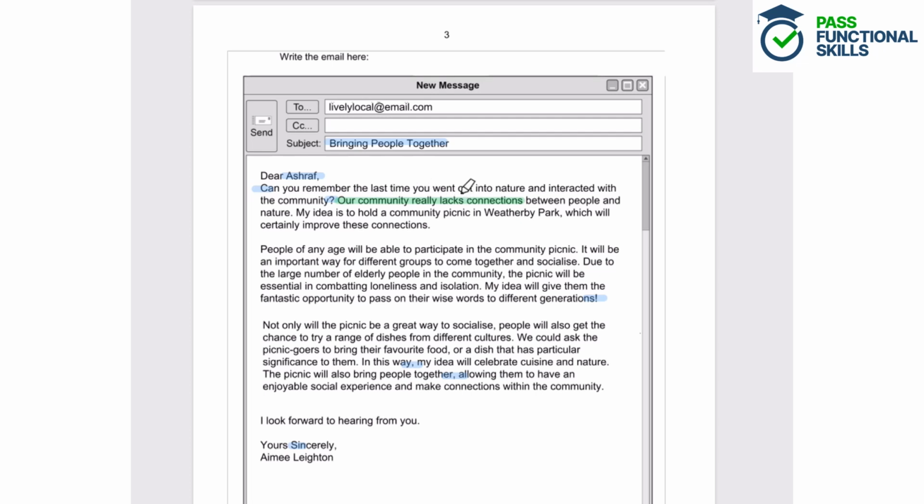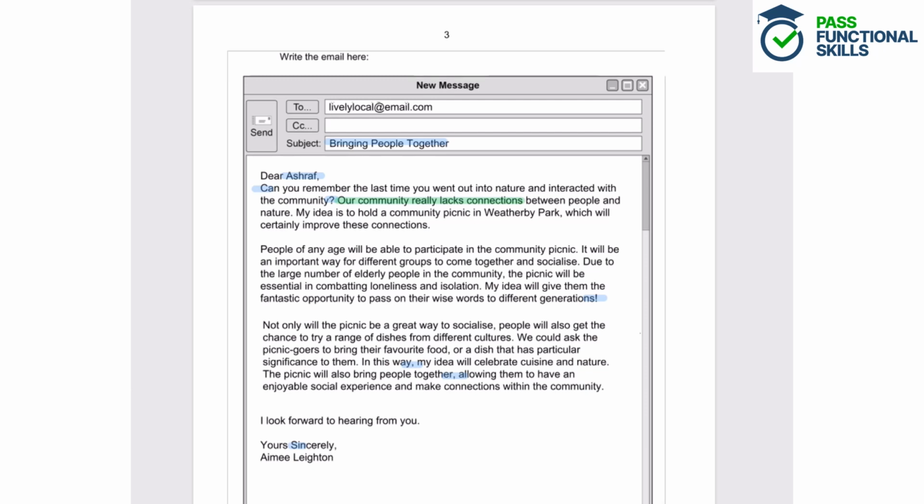But we've got "lacks" because we've got multiple people there. So make sure that you're thinking about the subject of the sentence, so the people that you might be talking about, and whether you need to change the verb to accommodate for that person. So make sure that you read through your answers as well to make sure that every single sentence makes sense on its own.